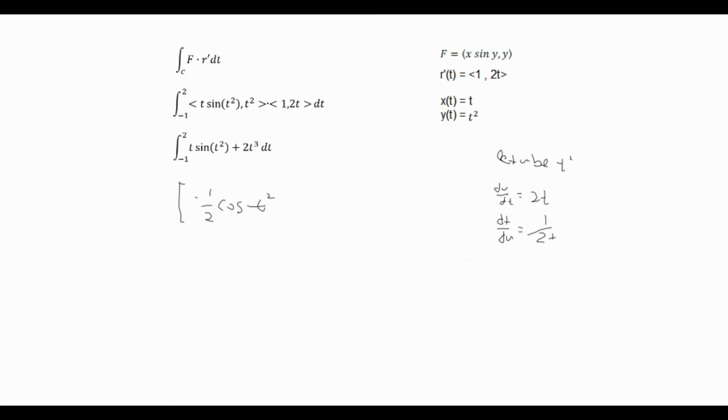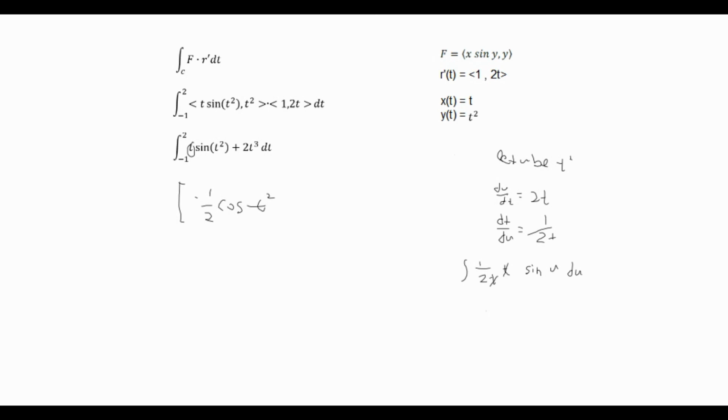Okay, from here we can simply integrate by substituting this dt/du, 1 over 2t. Keep in mind there's a t over here, this t. Alright, so it gets cancelled off by the t down bottom, and sine, instead of t squared, it becomes u now. Alright, du.